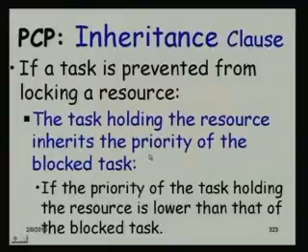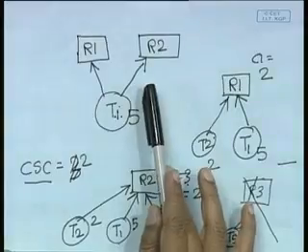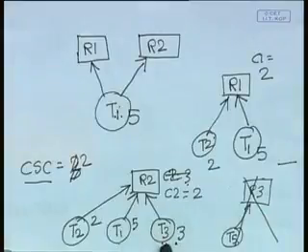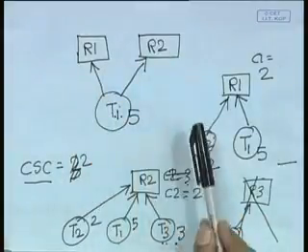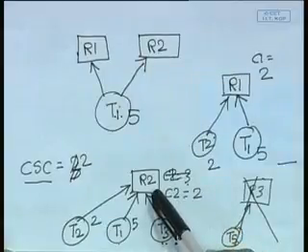So, let us look at the example that we are constructing. The first example we had constructed is this one, where three tasks are there, and there are two resources R1 and R2.